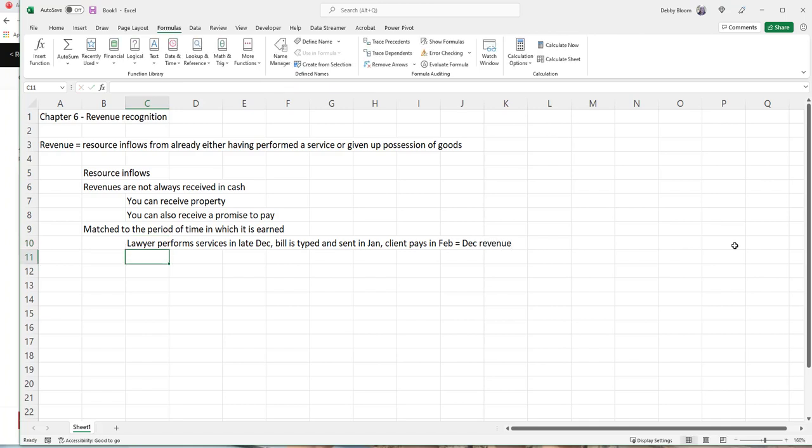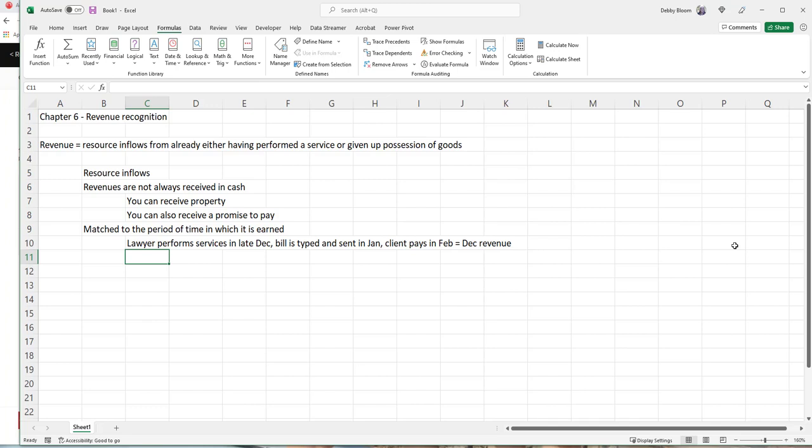You would not be allowed to put it in any other period. In fact, even if you found it in January, you would not be able to stick it in January because under GAAP, under the rules of generally accepted accounting principles, you have to match revenues to the period of time in which it's earned.